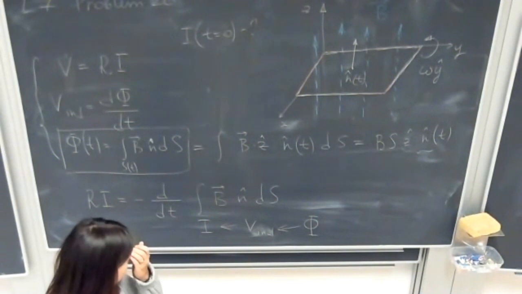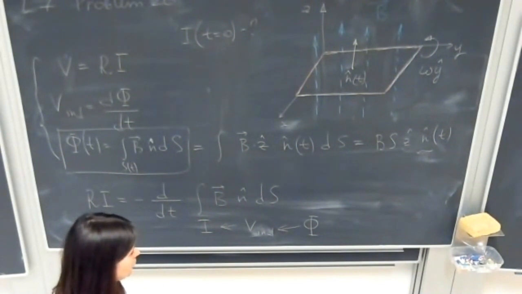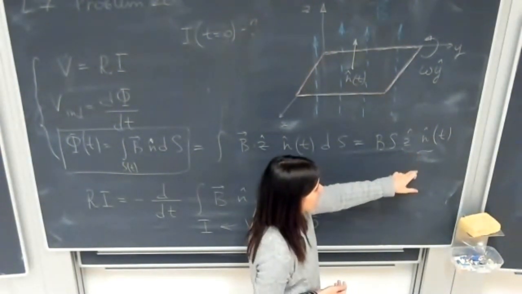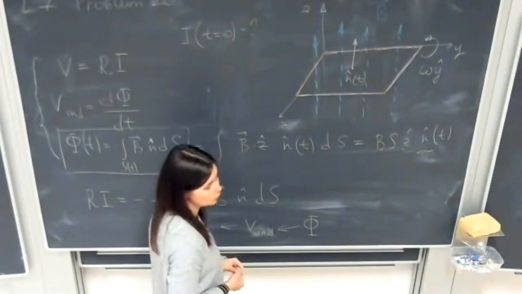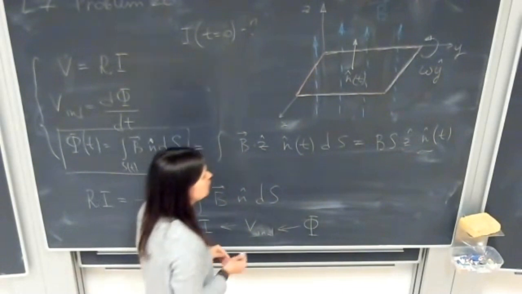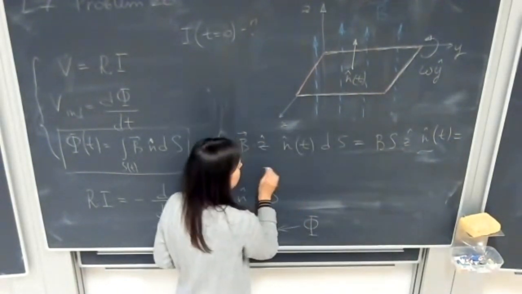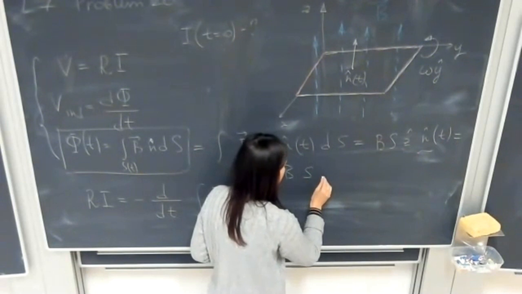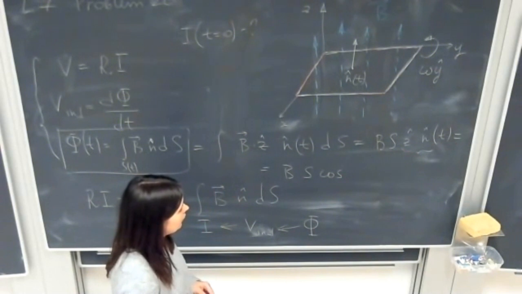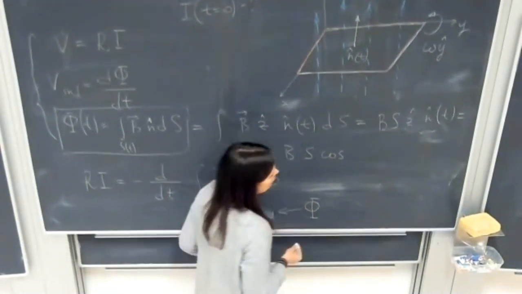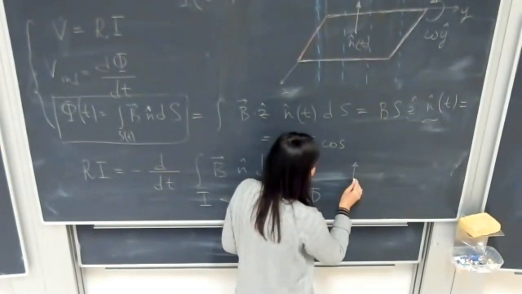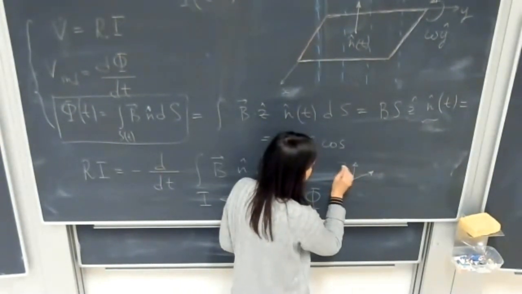And the scalar product is multiplying their magnitudes, which is 1, times the cosine of the angle between them. So we would have cosine. What is the angle between z and normal?